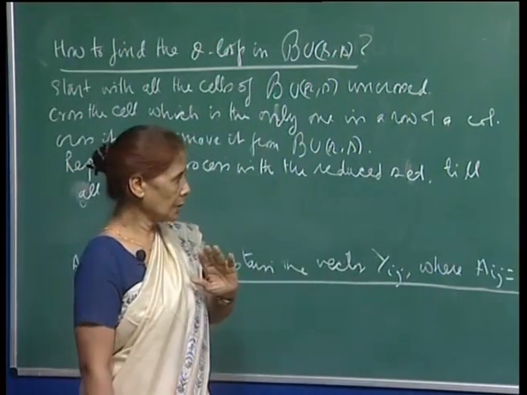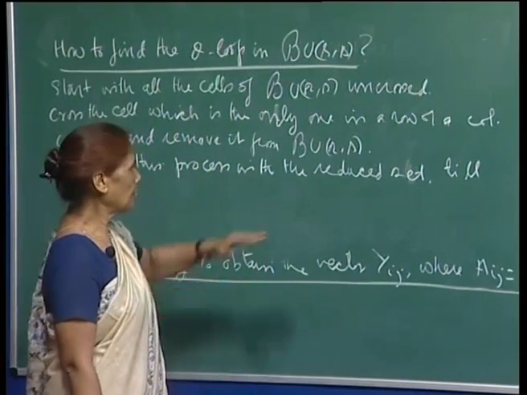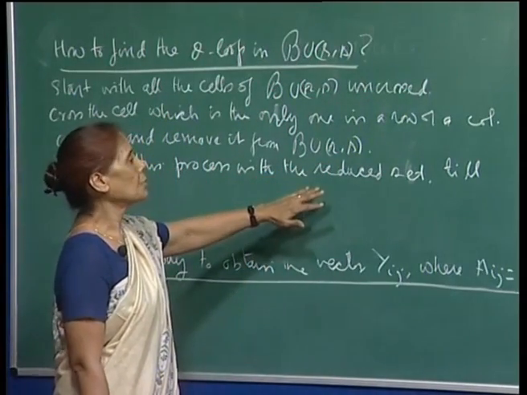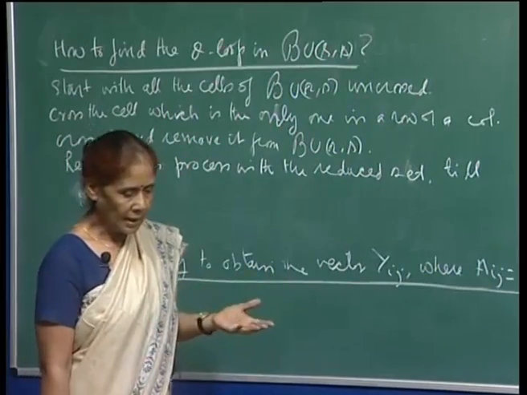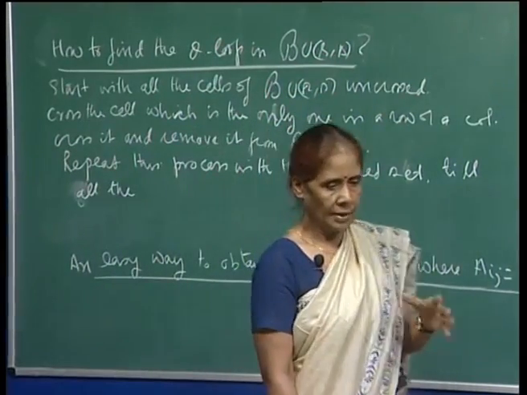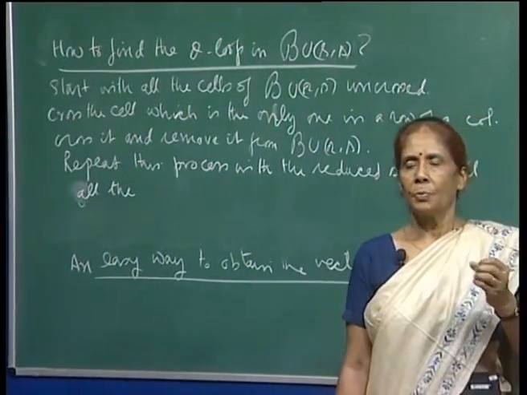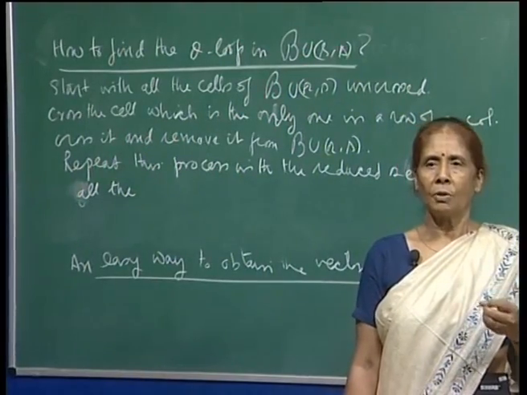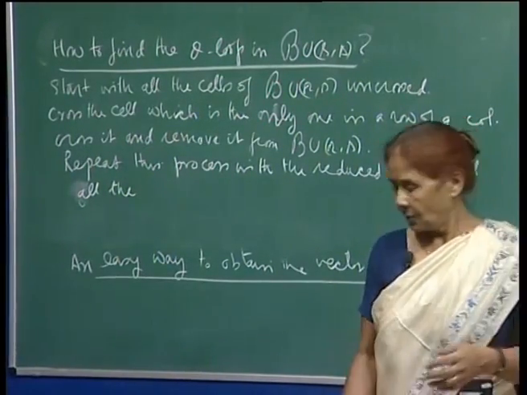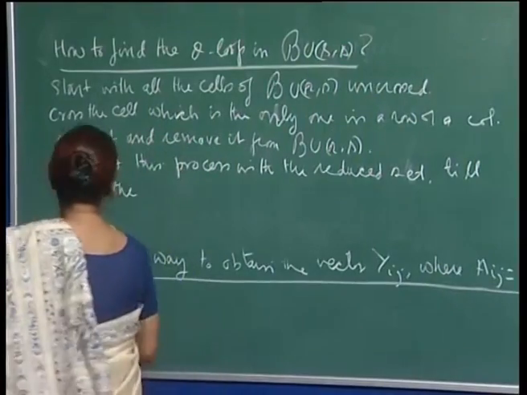And when you cannot find a cell which is the only one in a row or a column, you will stop, which means that the remaining cells that you are left with have the property that every row and column has two of them, right. So, this is what I want to say.